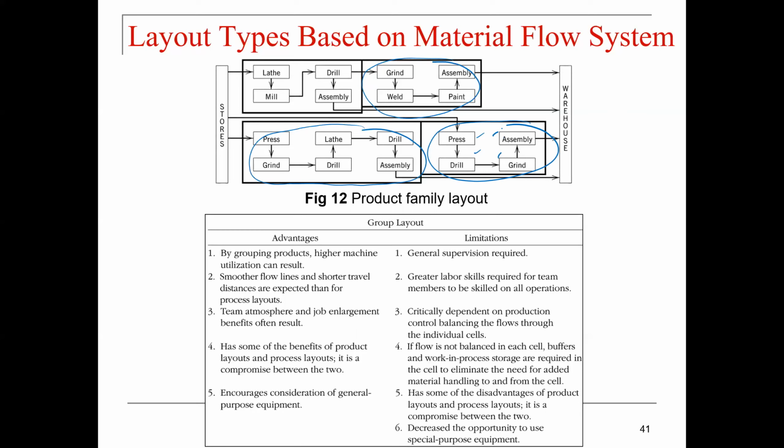If flow is not balanced in each cell, buffers and working process storage are required in the cell to eliminate the need for added material handling to and from the cell. Has some of the disadvantages of product layout and process layout. It is a compromise between the two and decreases the opportunity to use special purpose equipment.